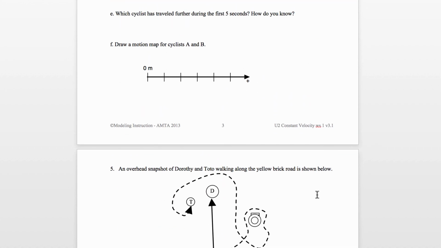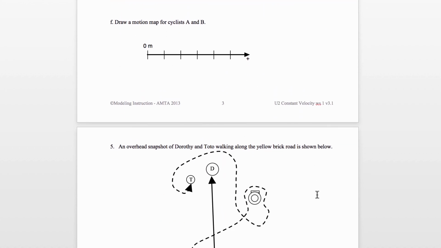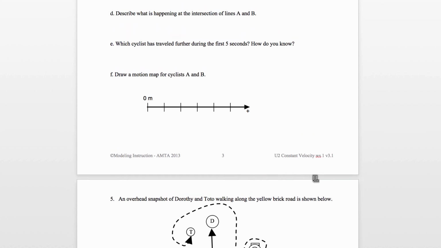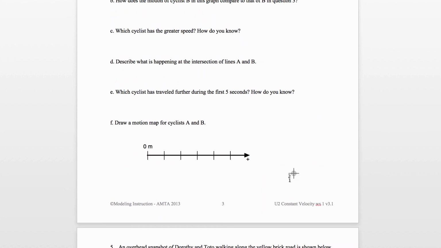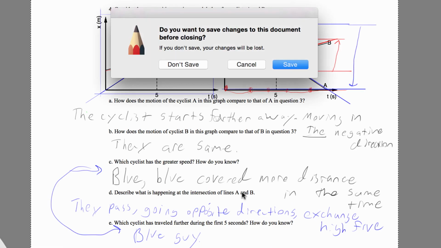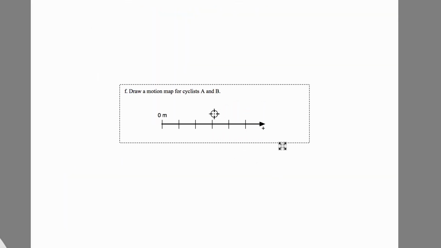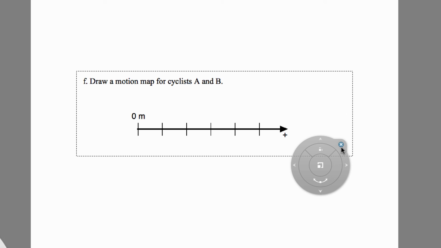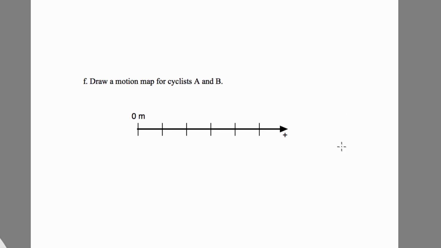Draw a motion map for A and B. Sure, we can do that. I want to do that quick. Okay, again, I'm going to start with A. This time, I'm going to make it as simple as possible, in that I'm going to have a starting location for blue.